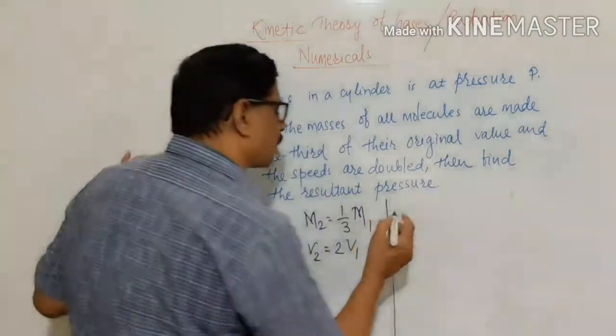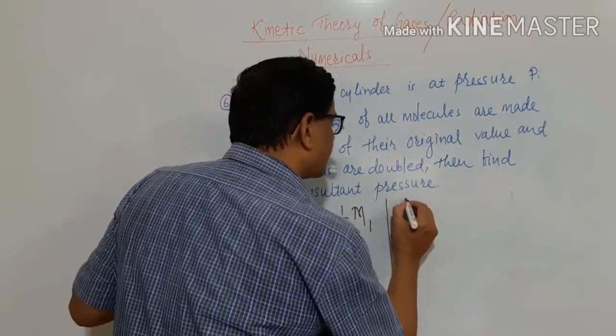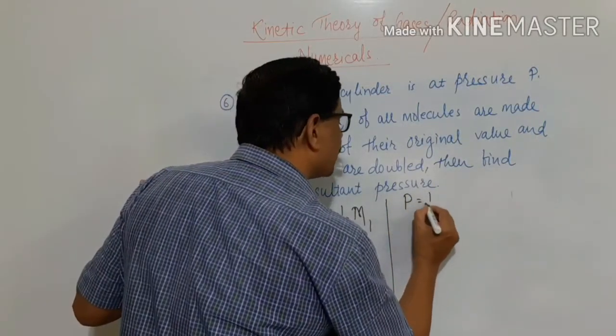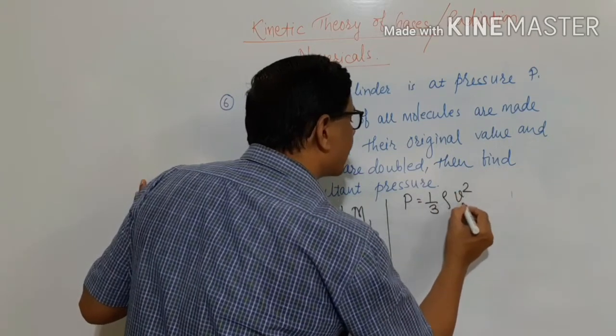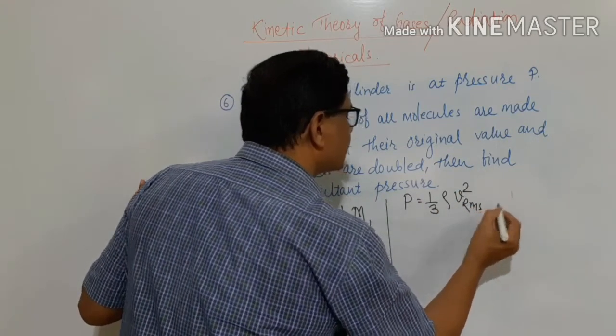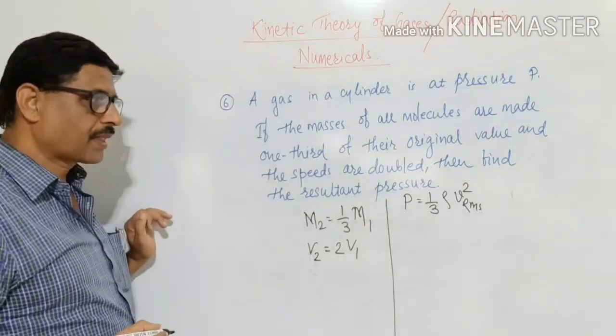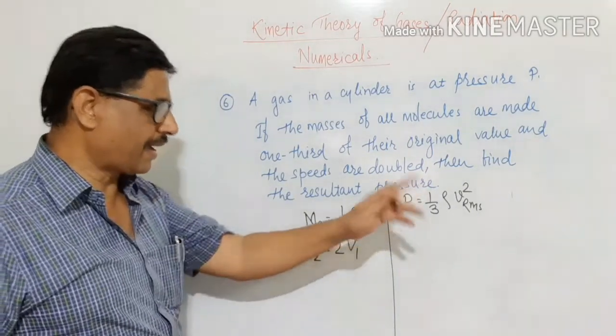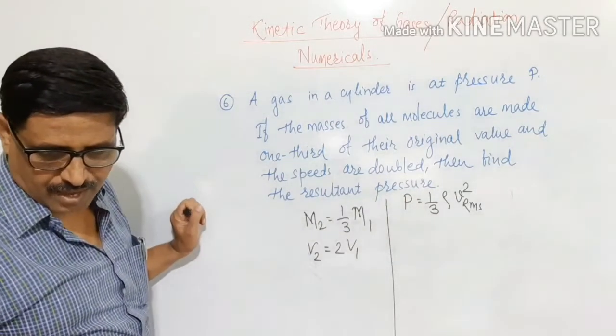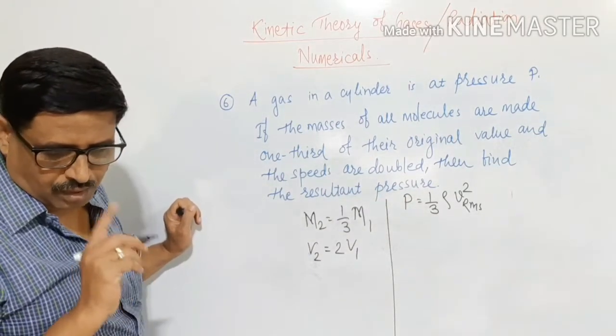For pressure, we got a formula that the pressure exerted by the gas molecule is 1 upon 3 rho v square, where v is the RMS speed of the gas molecules.